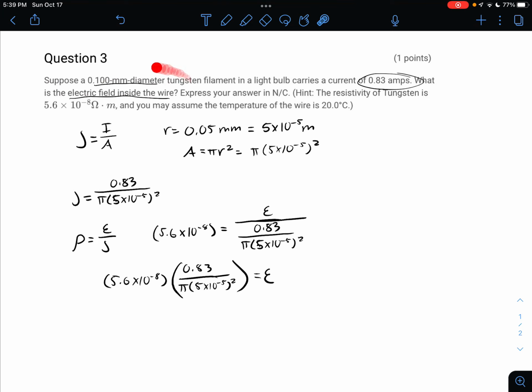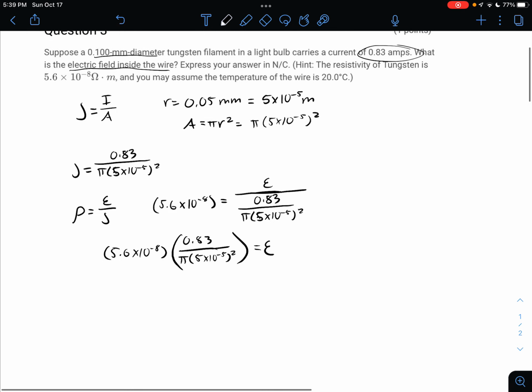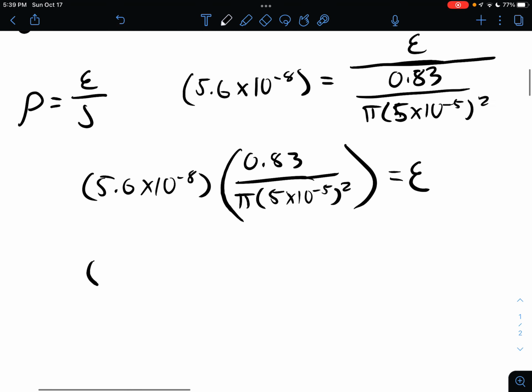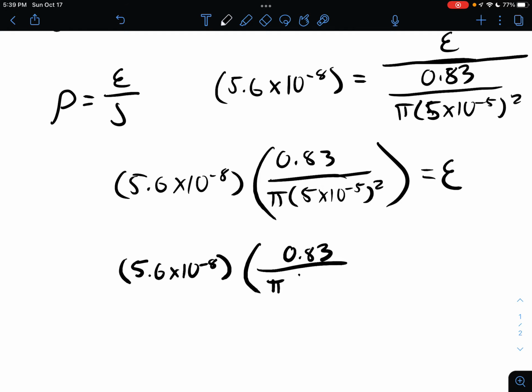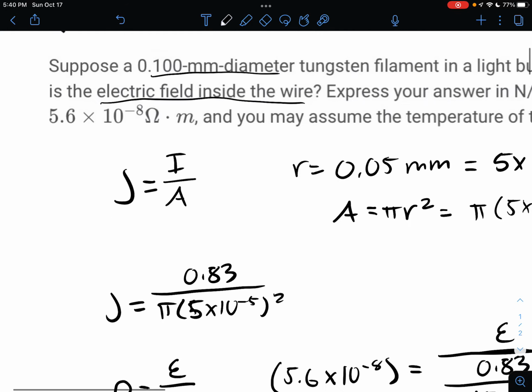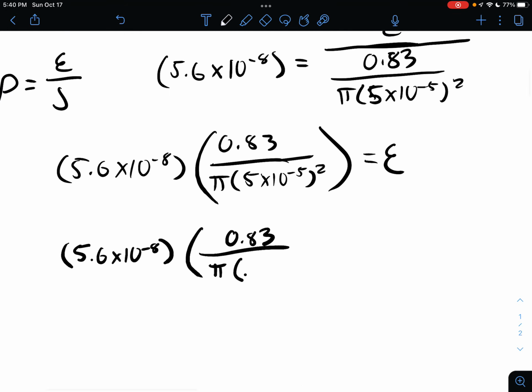But for this specific Kudu problem, the answer actually has the error in it. So in order to find the answer marked correct on Kudu, it's going to be 5.6 times 10 to the negative eighth times 0.83 divided by, but this time our area is just going to be pi times 1 times 10 to the negative 4 squared.